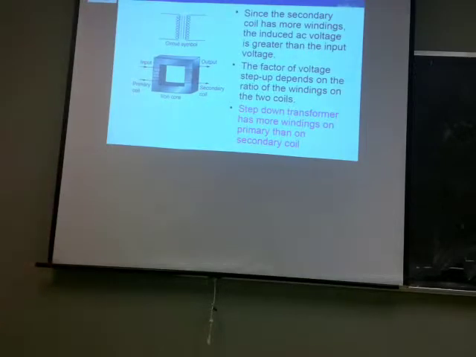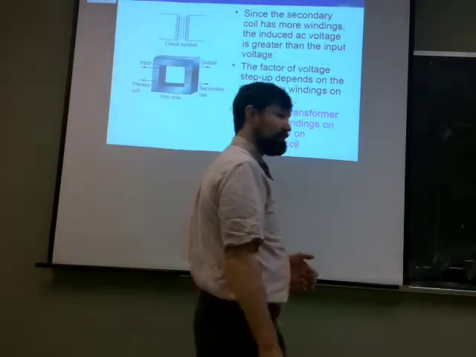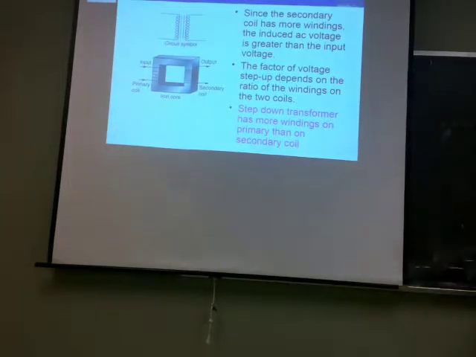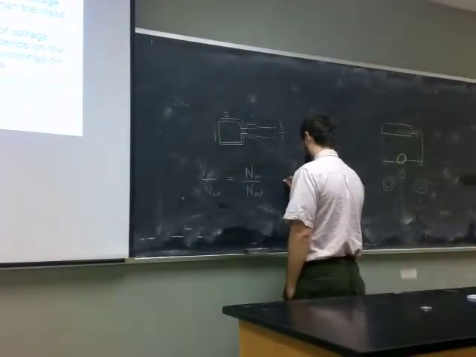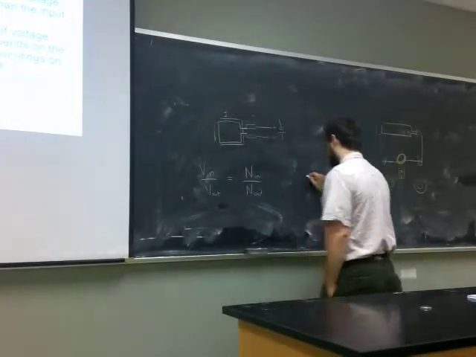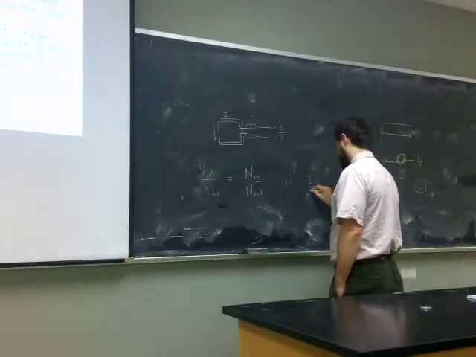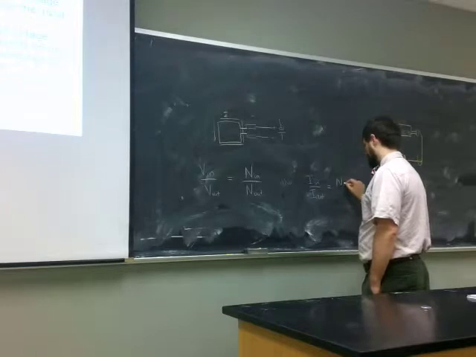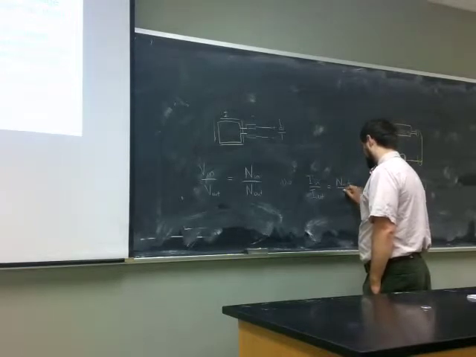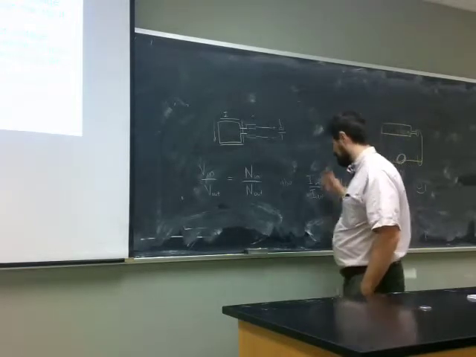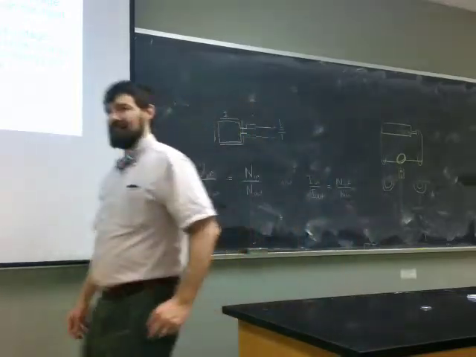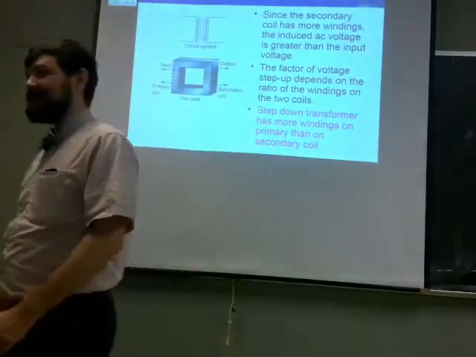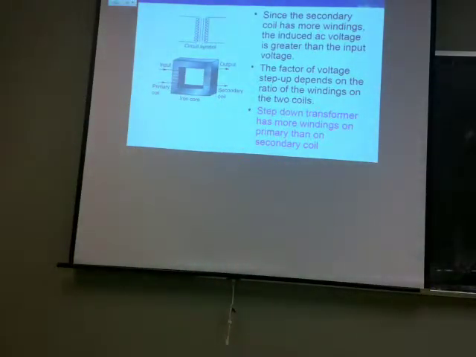All right, so you step up the voltage. It turns out that when you do this, you step down the current. In fact, the current ratio is opposite, or is inverted from, the voltage ratio.